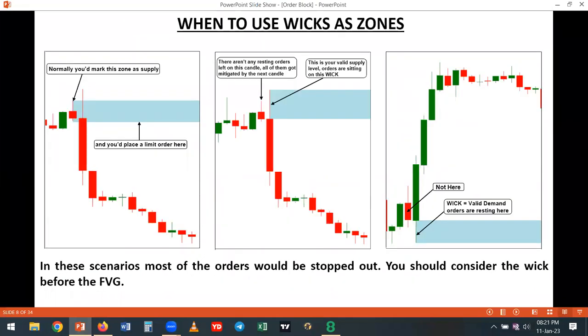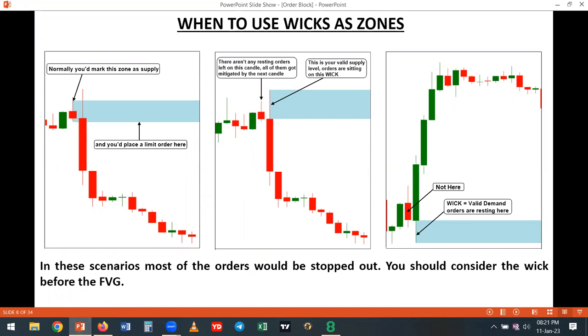Now, when to use weak zones or order blocks. Now, note this. Textbook tells us that a bullish order block is the last bearish candle before the bullish move, whereas a bearish order block is the last bullish candle before the bearish move. But it doesn't apply that way.